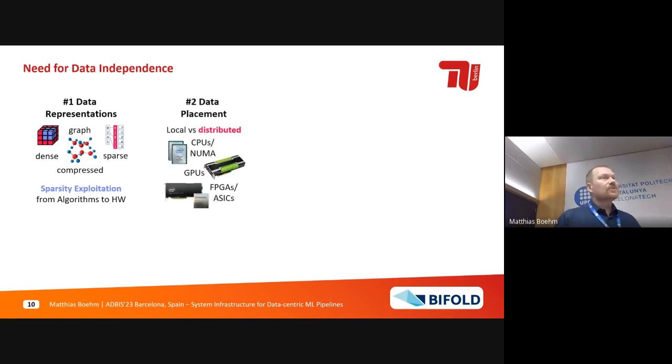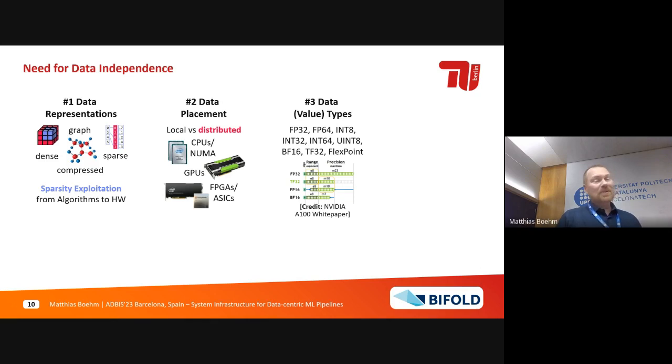Second, data placement. We will talk about local versus distributed operations, but I also alluded to those different, more specialized hardware accelerator devices, and this will continue to grow in the next decade. We will see lots of different devices, and we need to be able to map to those different devices. Furthermore, in the last couple of years, there was also a specialization in terms of data types.